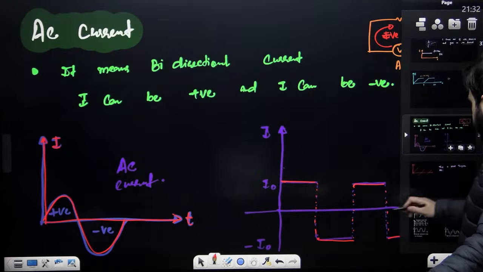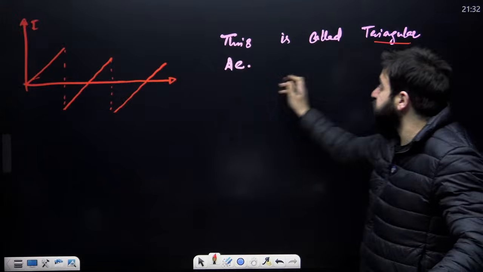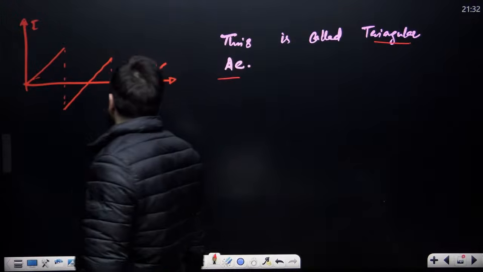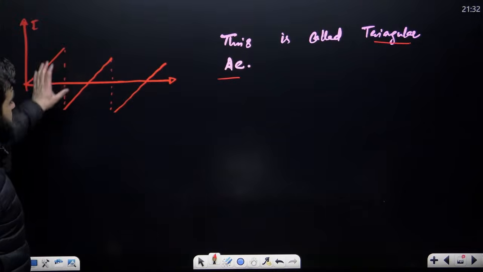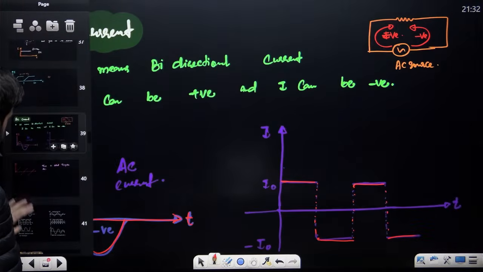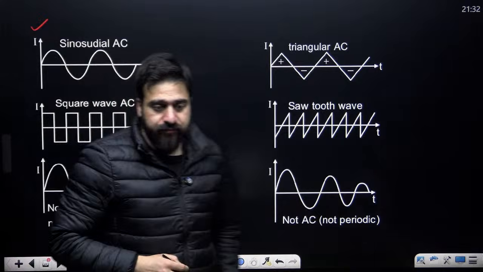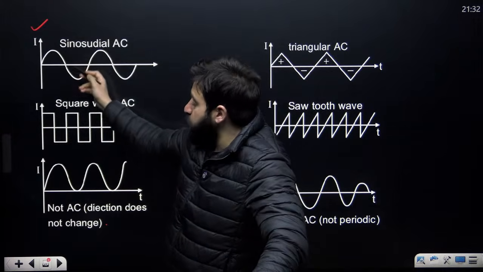Tell me, is this clear? Sir, what about this? This is also an AC. This is which AC? Triangular AC. Or this is what we call the sawtooth AC. Guys, this is sinusoidal AC. In this particular case, current is positive and negative.